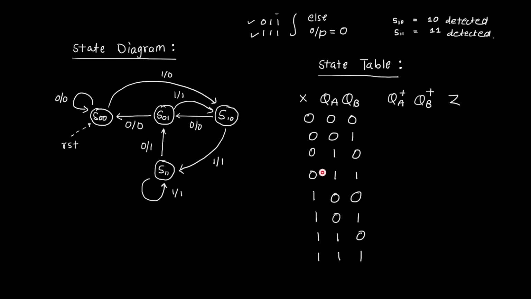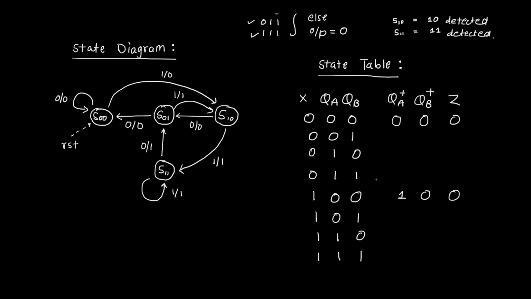Now let us see the transitions. If we are in the 00 state and 0 comes, then it remains at 00 and the output is 0. And for input 1, it should transition to the 10 state.